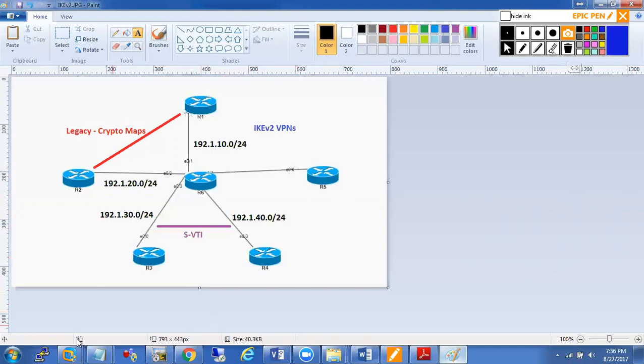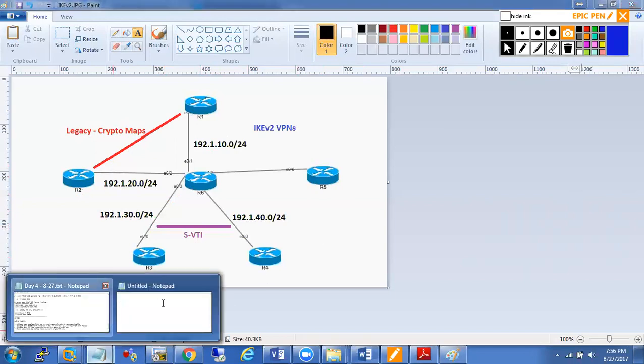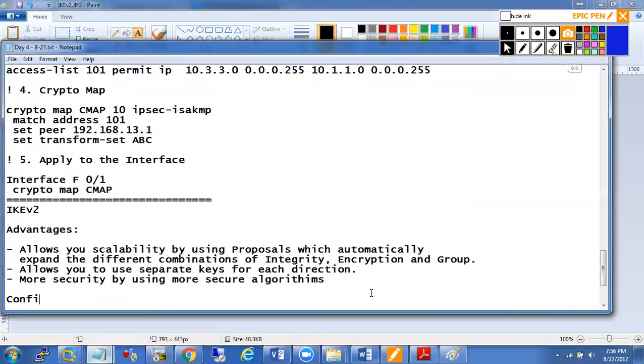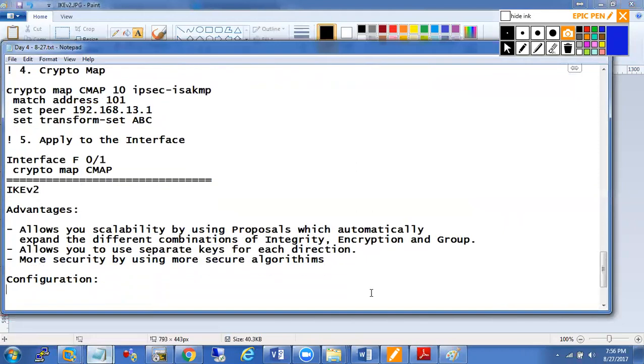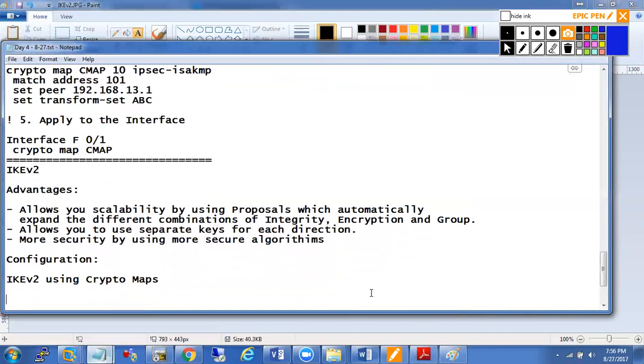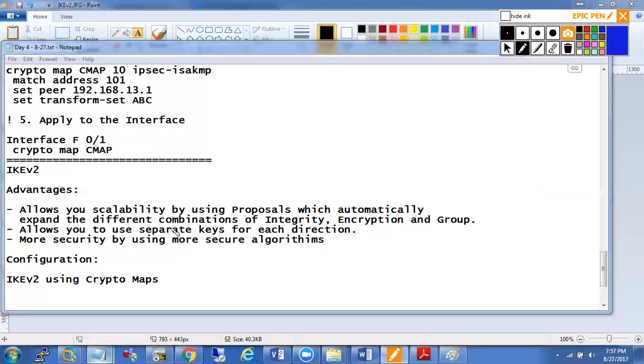So start configuring phase 1. So this is IKEv2 using crypto maps. That's my objective over here. Now, do you guys remember the steps that I need to set this up? How many steps do I need to set up IKEv1 using crypto maps?